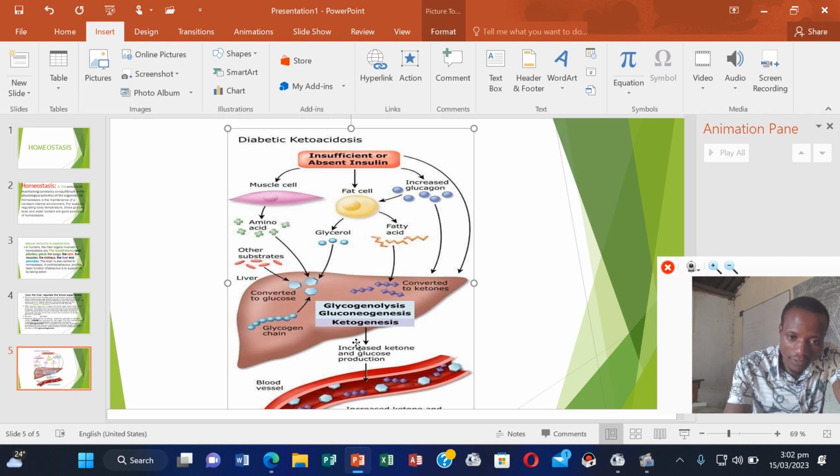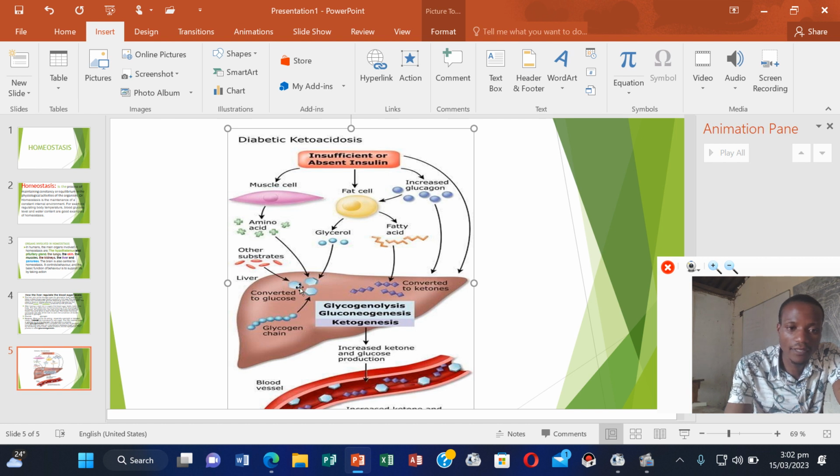As you can see here, it will increase the ketones as well as the glucose, because we are focusing on sugars. It will increase the production of glucose in the cells of the liver, which will be sent back to the bloodstream.